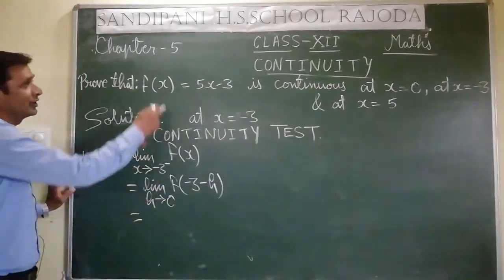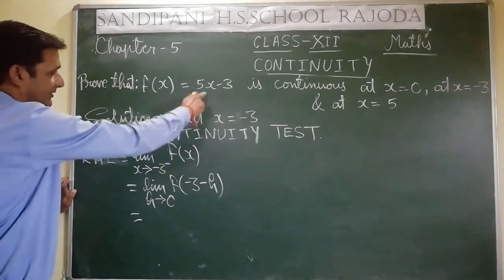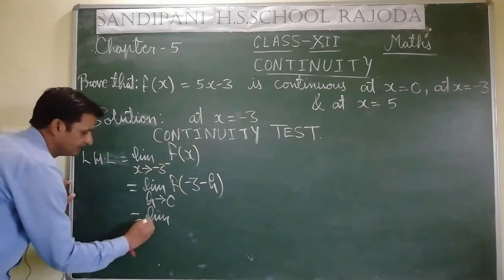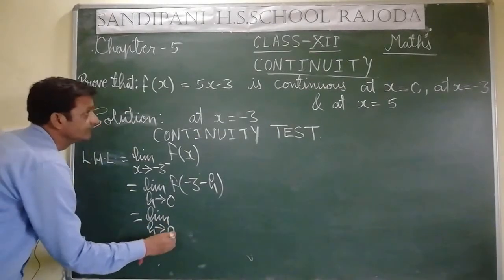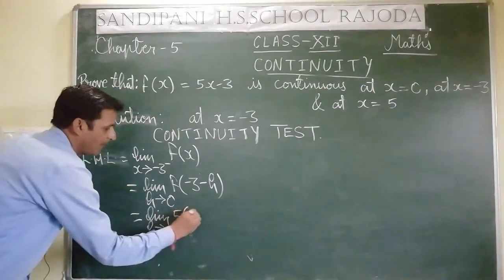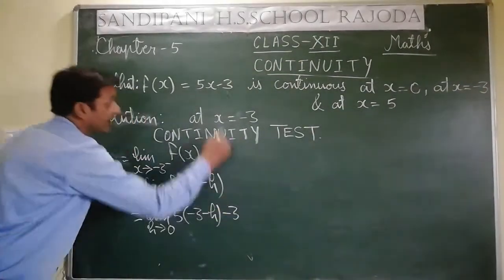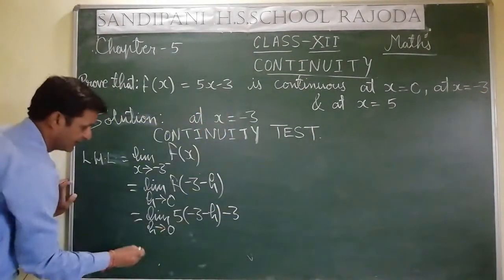Now we have to put in place of x minus 3 minus h. So limit h tends to 0, 5 into minus 3 minus h, minus 3.